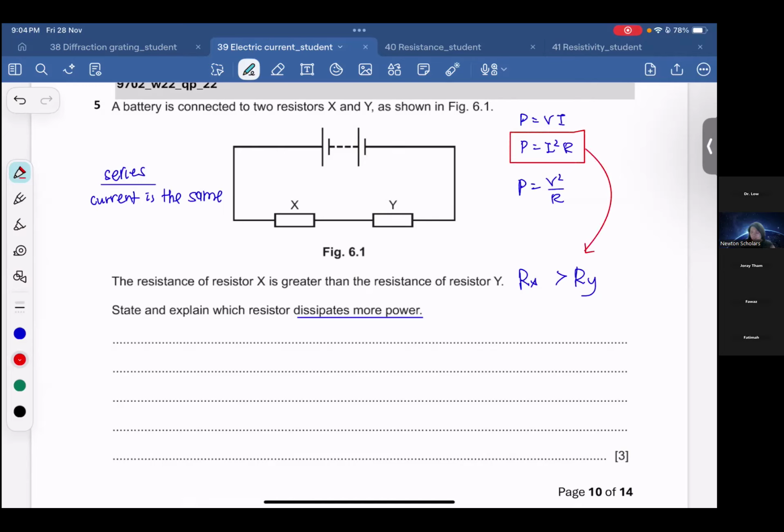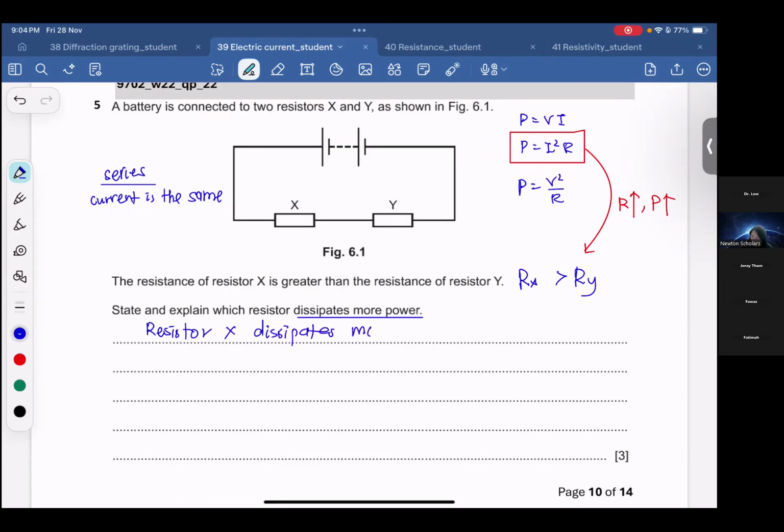Current for X and current flowing through Y are the same, so the only thing is we look at the R and P relationship. When your R increases, your P also increases. So in this question, P increases when R increases. So which resistor? Resistor X.